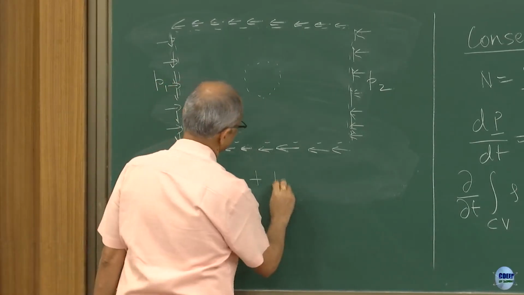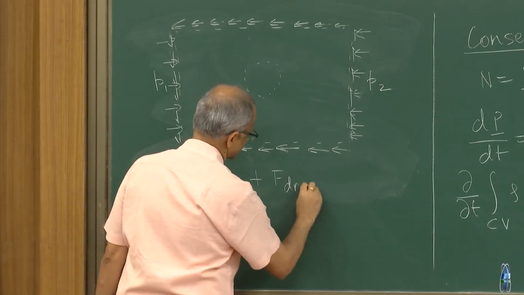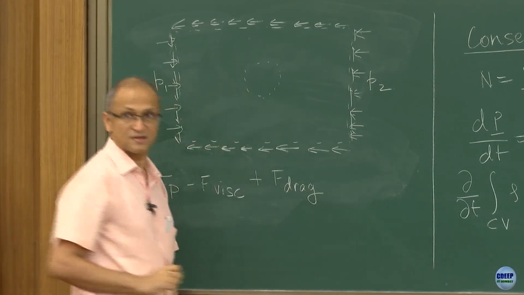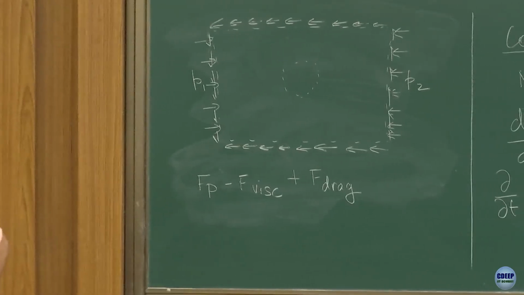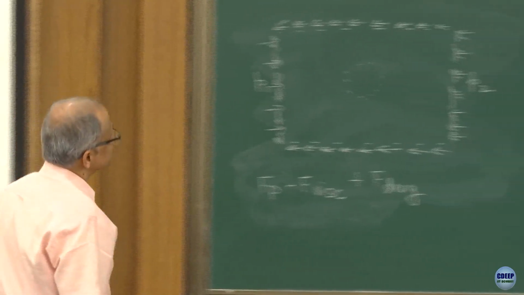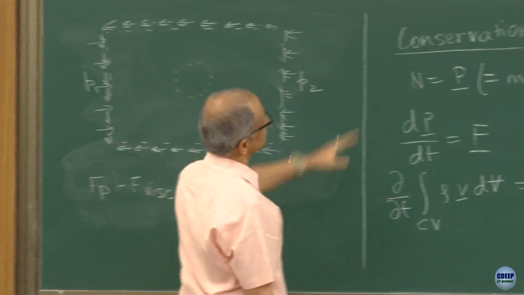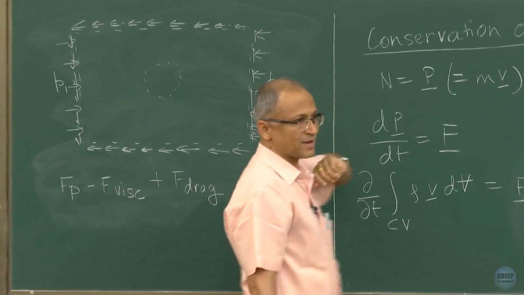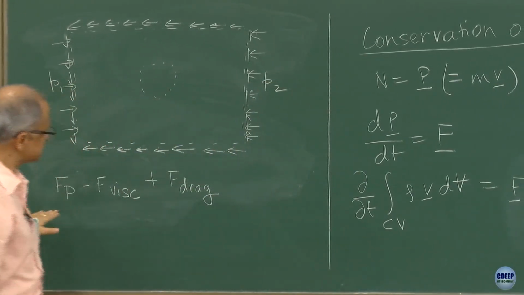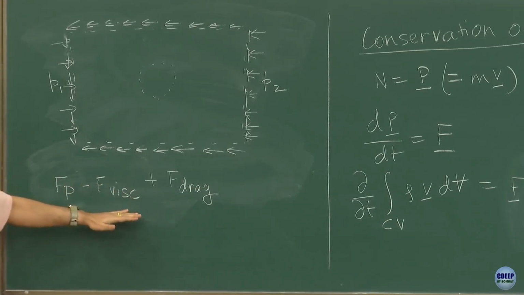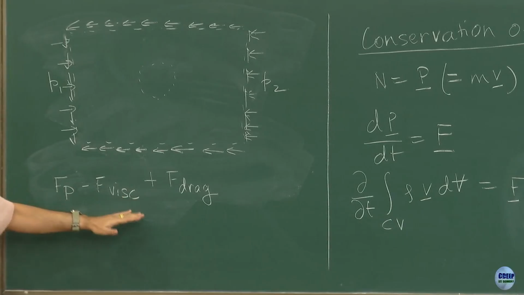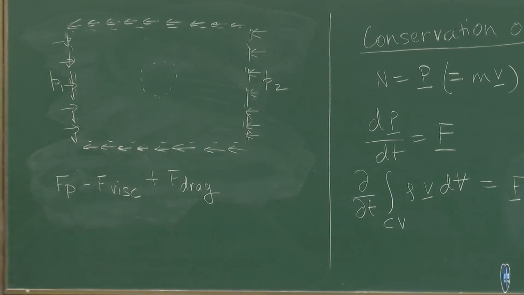So there will be a drag force there as well. Before writing out the change in momentum, this is going to be brought about by the forces acting in this manner on this control volume.